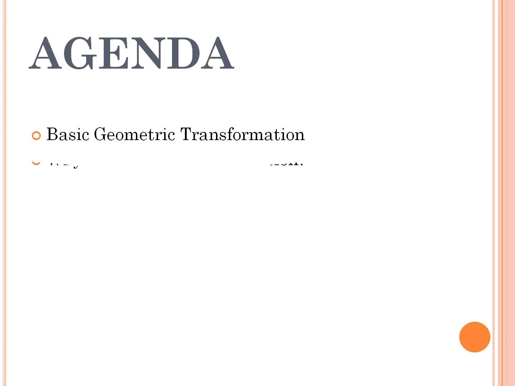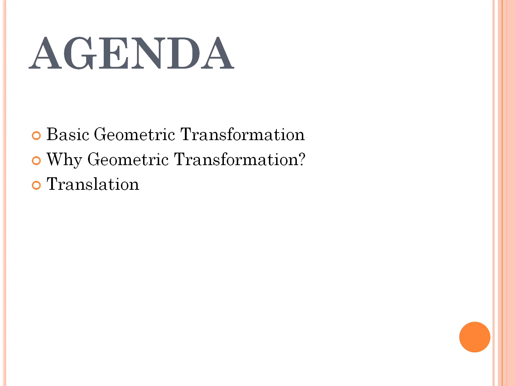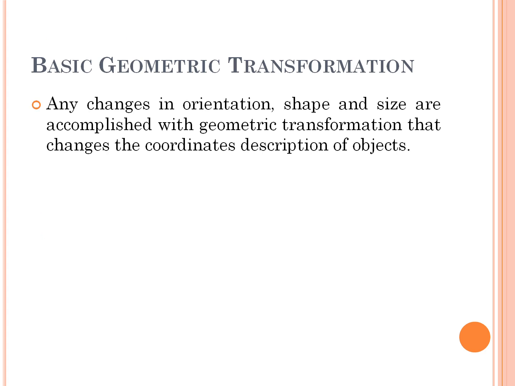Second, we will discuss why we need geometric transformation. Third, we are going to discuss translation, then rotation, and at last scaling. Now let's start with our topics, basic geometric transformation.